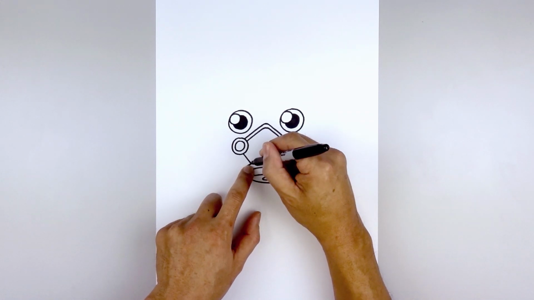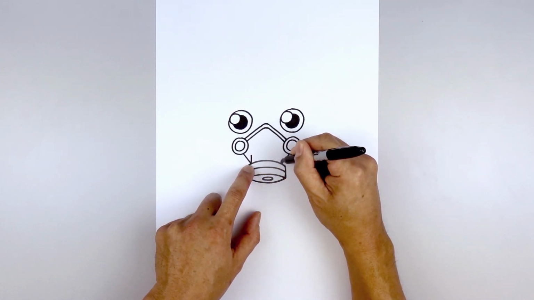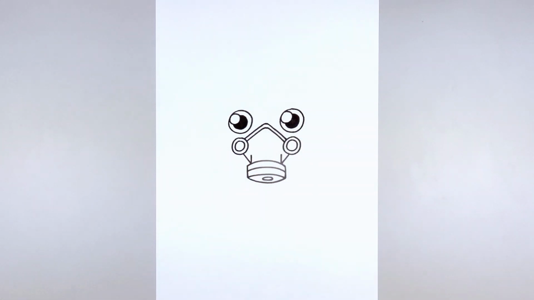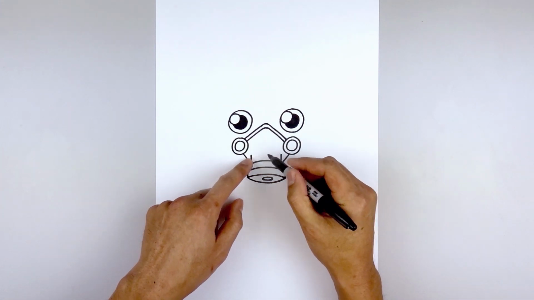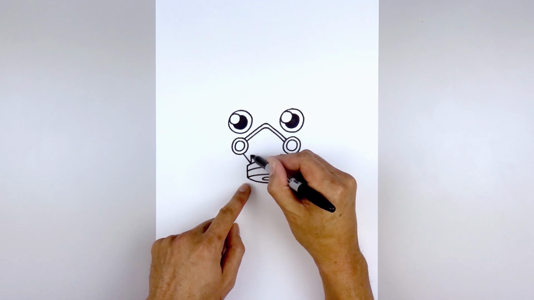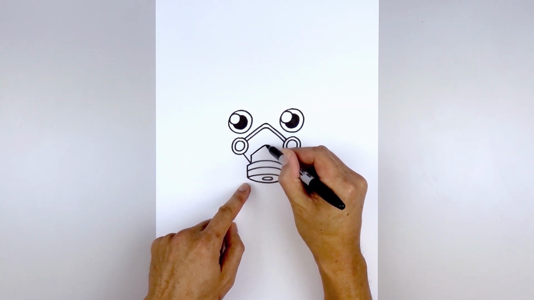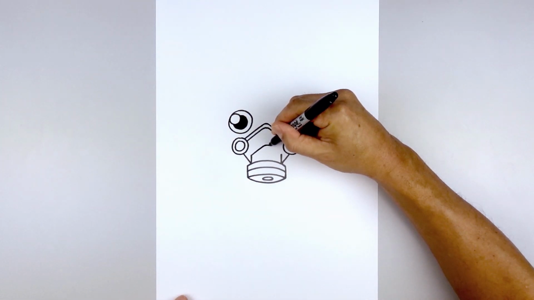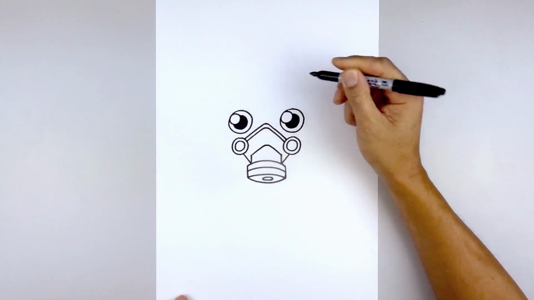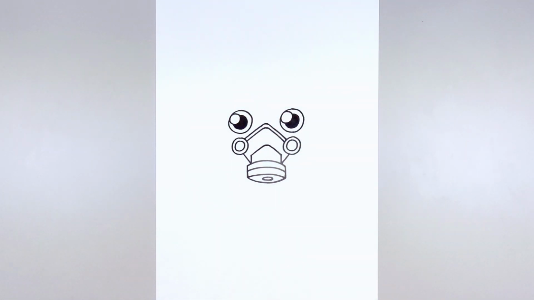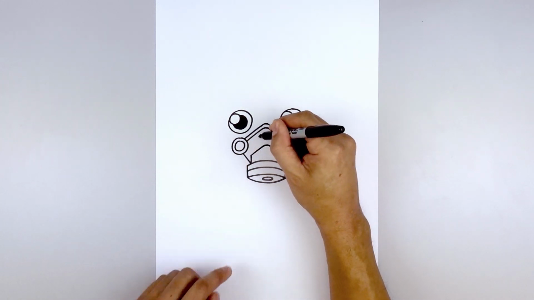Let's go back to the top and draw two straight lines going up along the sides. And then from here, we're going to draw that same angled line going up in the middle. We're going to round out the center, and then come back down towards the right. And then we're going to add two smaller circles on either side.